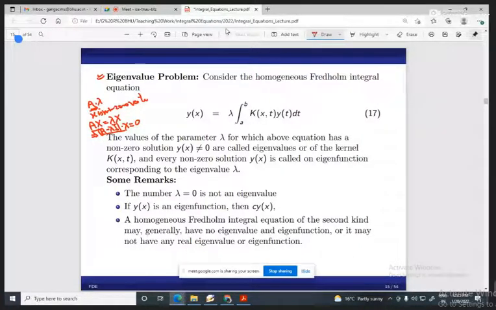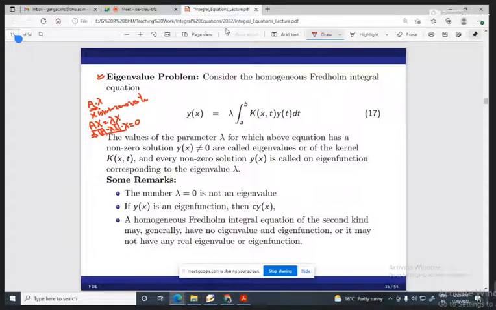For non-zero x, if there exists a lambda such that this condition is satisfied, then we say lambda is the eigenvalue and the non-zero vector x is called the eigenvector corresponding to the eigenvalue lambda of A. Do you agree? Yes, sir.